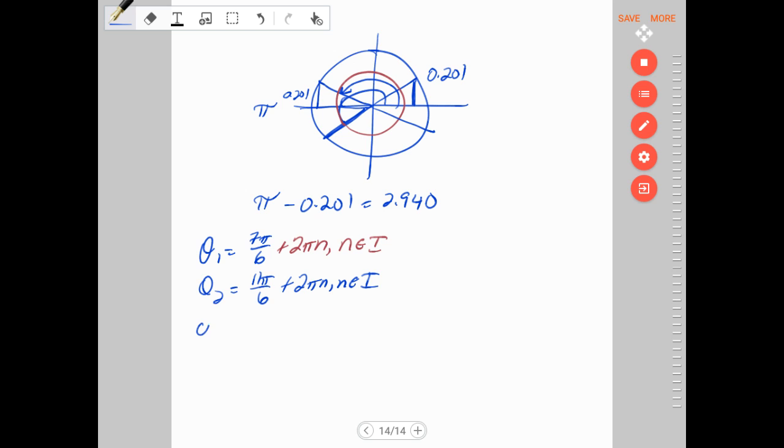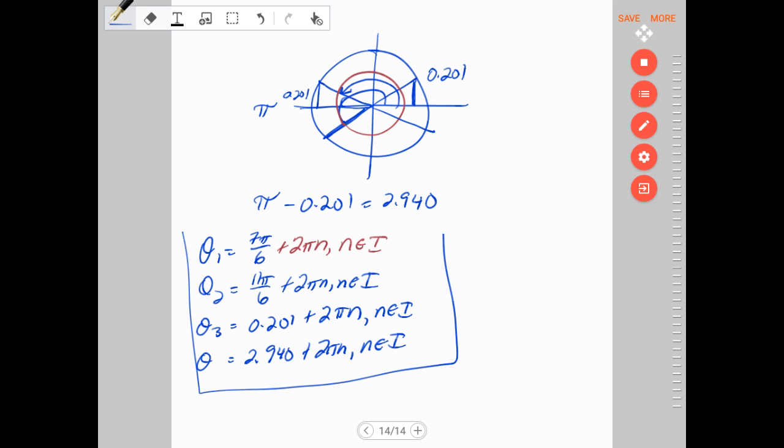My third angle was 0.201, and to get a full rotation of the circle, I'm going to add another 2 pi n, n belongs to integers, and theta 4 was 2.940 plus 2 pi n for a full rotation of the circle to get coterminal angles of the same value. So that is the final answer for number 2b.